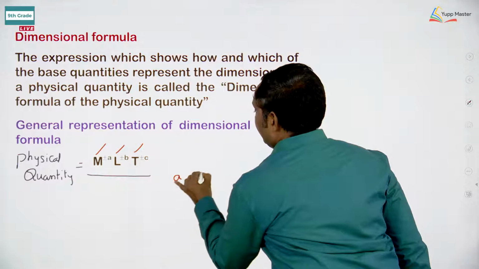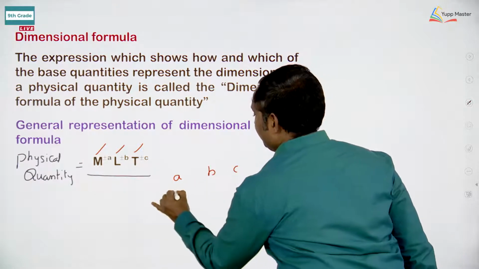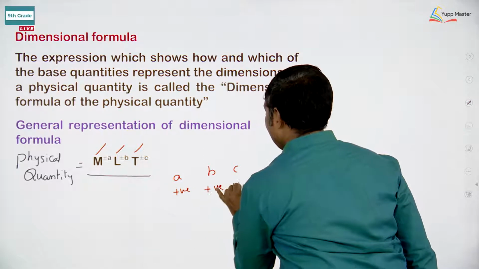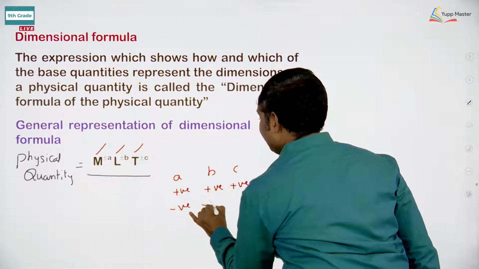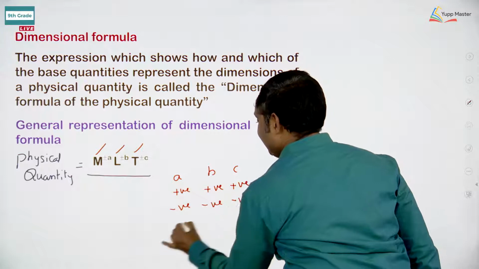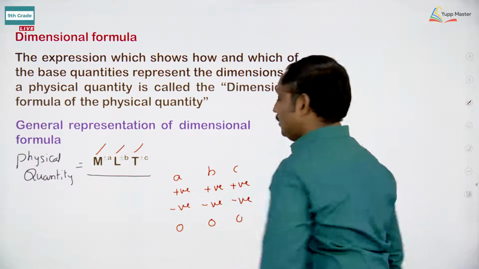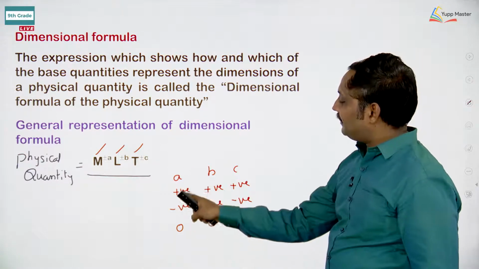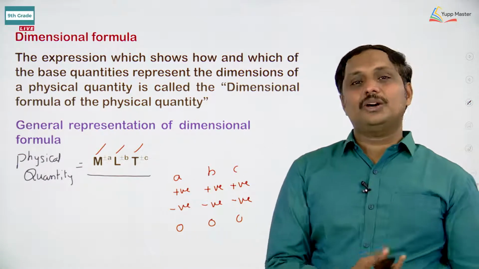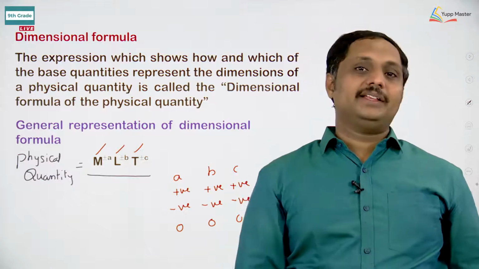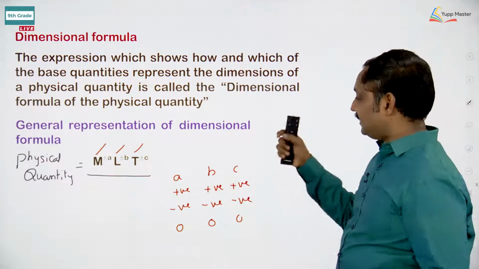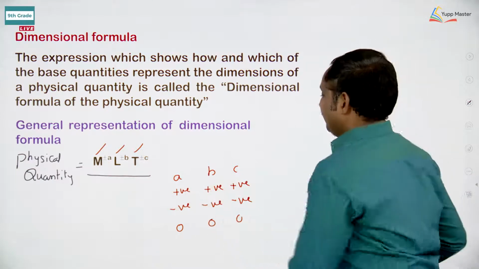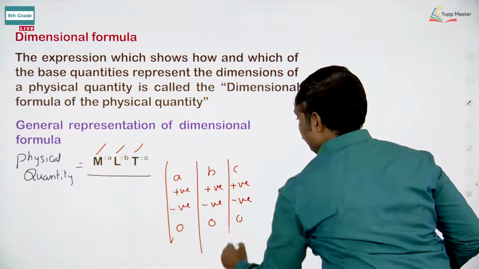A, B, C represent positive or negative or 0. What are the possibilities that you can get for these A, B, C values? A, B, C are whole numbers, and sometimes you can express them as a ratio also. It is very clear, the possibilities, positive or negative.